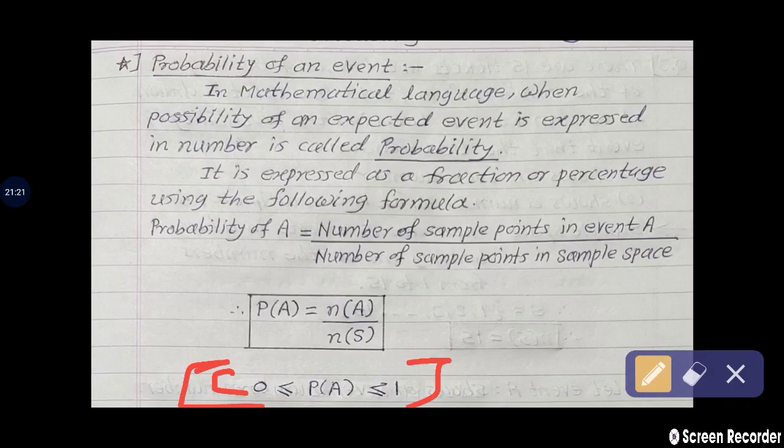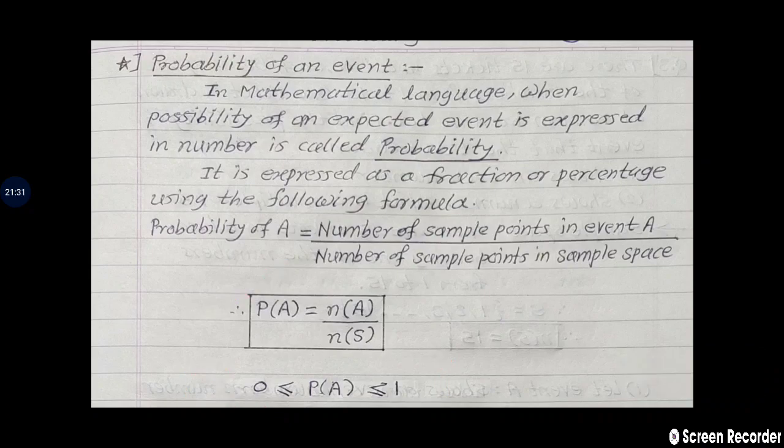The answer will not be less than 0 or greater than 1. Our answers only lie between 0 and 1. By using this formula in this way, in today's video we learned some problems based on probability of an event, how to find the answers. We solved 2-3 questions. For the remaining questions, try to find out the answers.